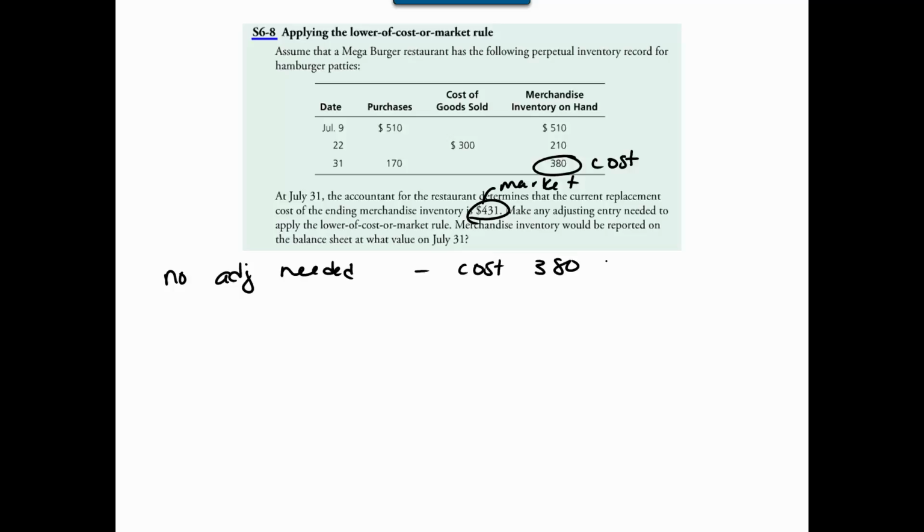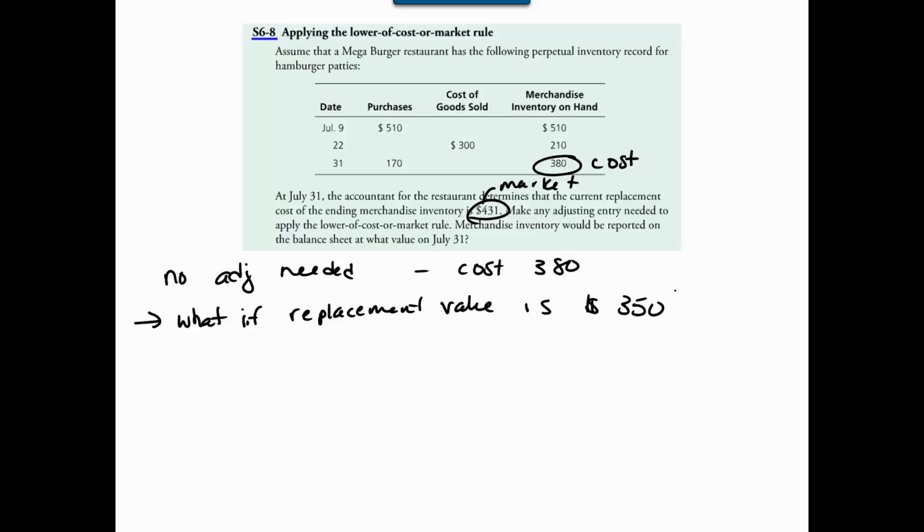I think that's a terrible problem because it doesn't actually show you how to do one. So let's say, what if the replacement value instead of the 431, let's say it's 350.